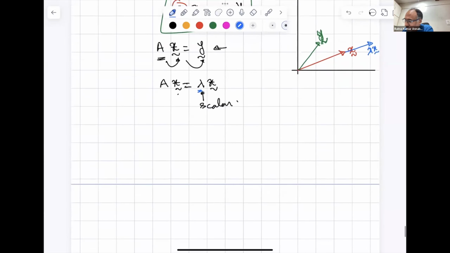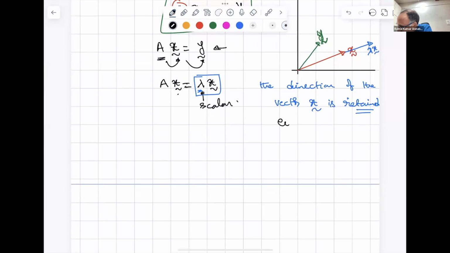So in this special scenario, the direction of the vector X is retained, but the magnitude is changed. The direction was not changed. So in the German language, eigen means self.